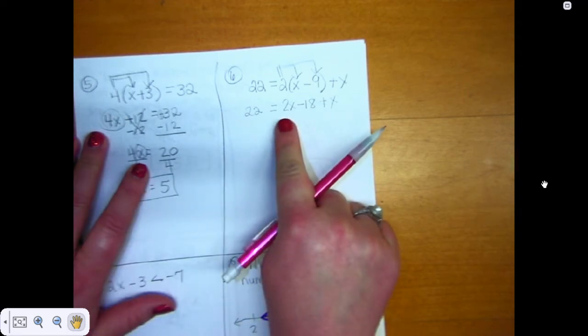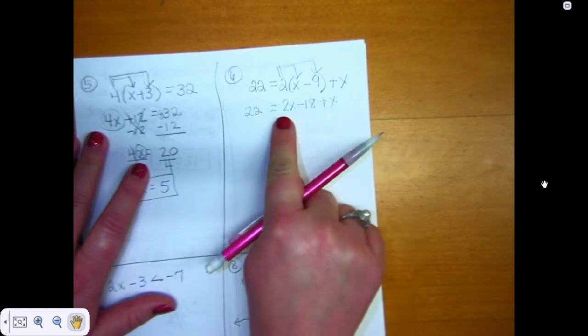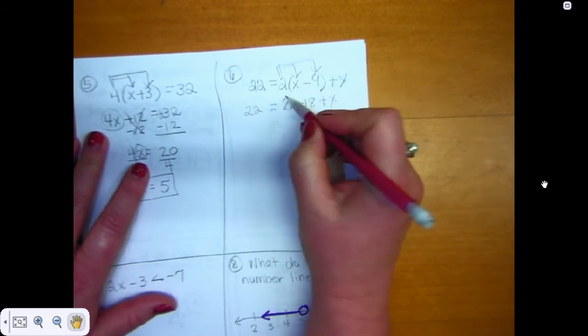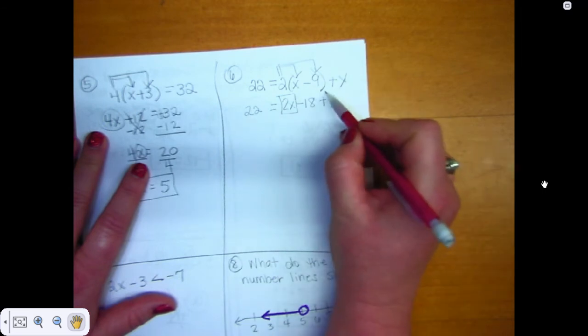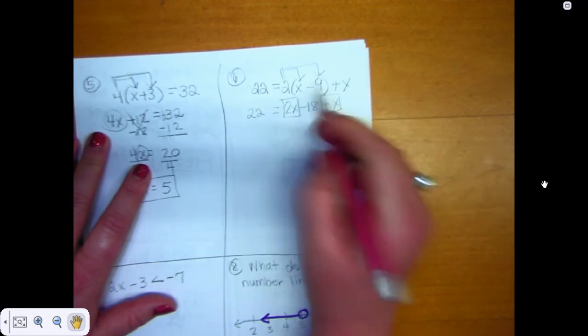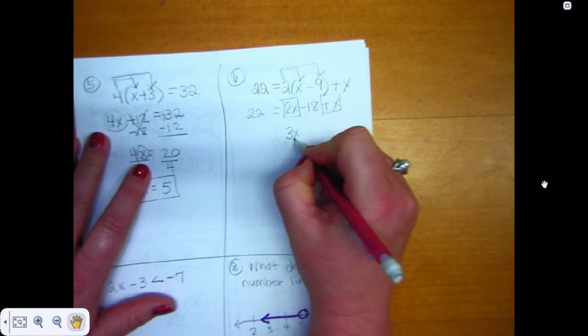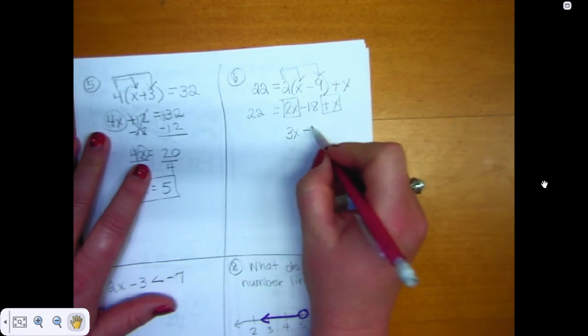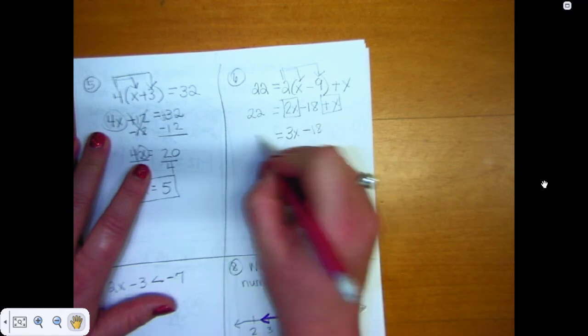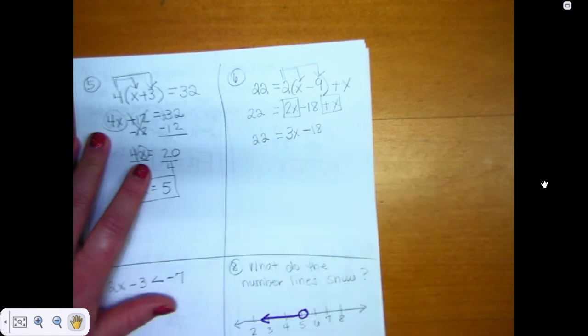I see that I have two x's on the same side, which means I need to combine them. I'm going to combine my like terms. I have 2x and 1x, and that is equal to 3x because they were both positive. Bring the rest of my problem down. And then it looks normal and I can continue as usual.